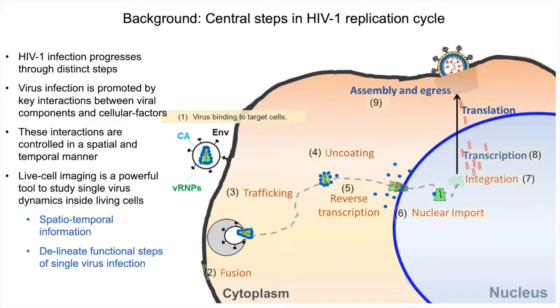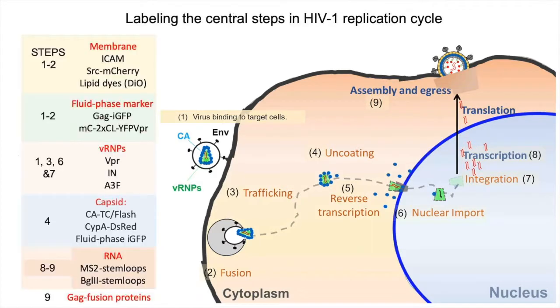Like Greg mentioned, life is actually in 4D, right? So you need to really understand where certain steps are taking place, and that will give you a lot of information about what proteins might be relevantly interacting with the virus in those locations, because proteins are organized in a spatial manner inside cells.